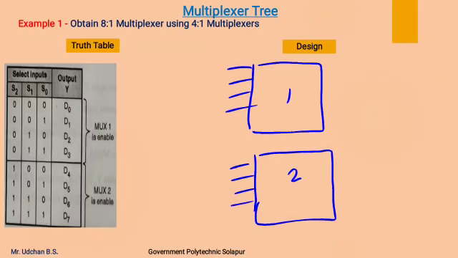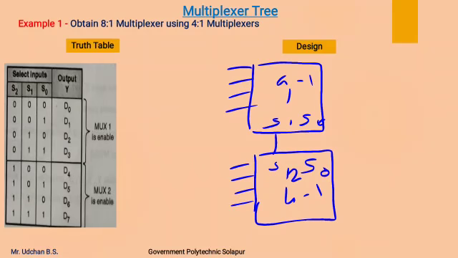Now, as this is a 4:1 multiplexer and this is also a 4:1 multiplexer, both have two select lines, that is S1, S0. Here is S1 and S0, and here is also S1 and S0.